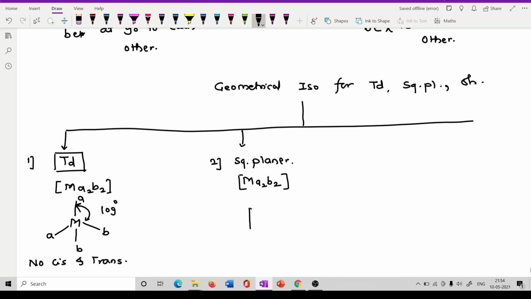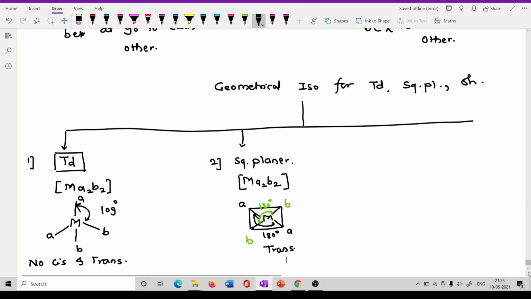This is the metal at the center, with A and A, and B and B. The opposite groups are at 180 degrees, similarly for the A ligands, so this is definitely my trans isomer.